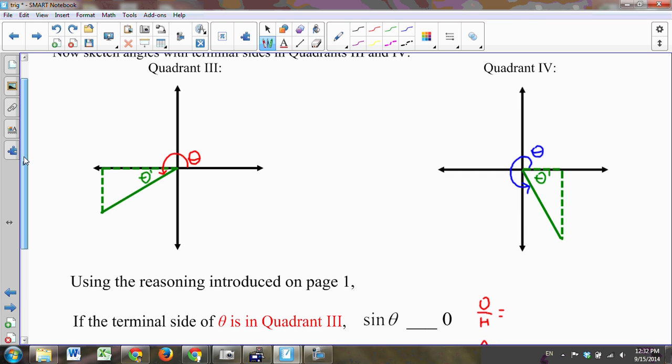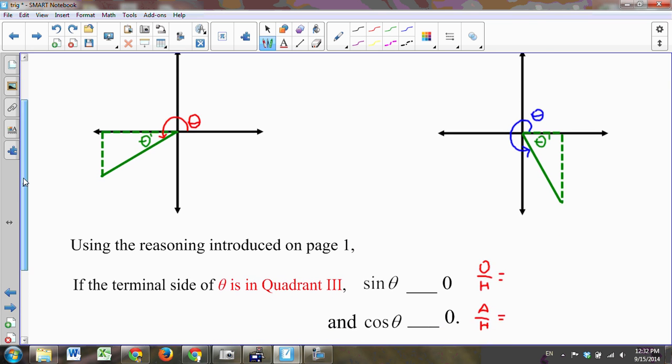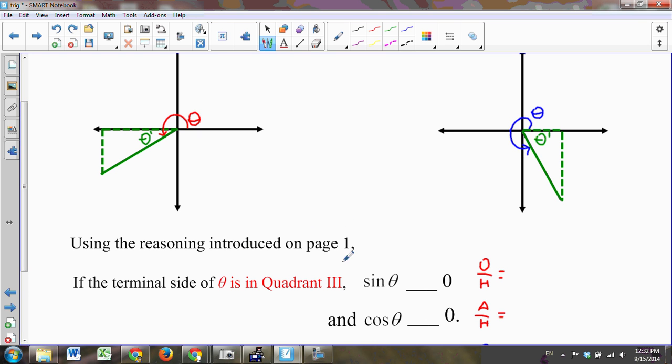Now let's look at the third quadrant. The sine of theta is opposite over hypotenuse. Opposite is going to be negative because it's like a y value. Hypotenuse is always positive. The adjacent is also going to be negative because that's like a negative x, so we're going to the left.